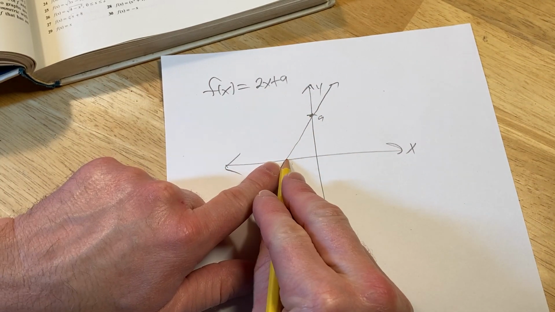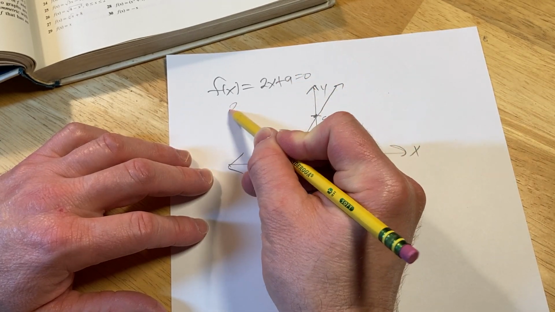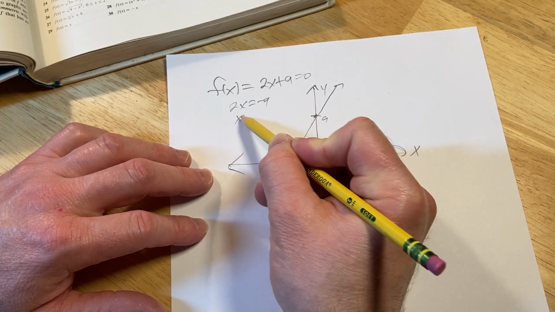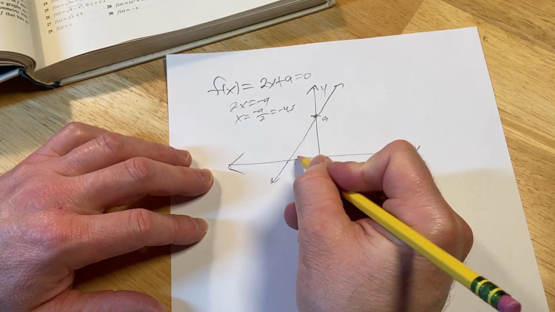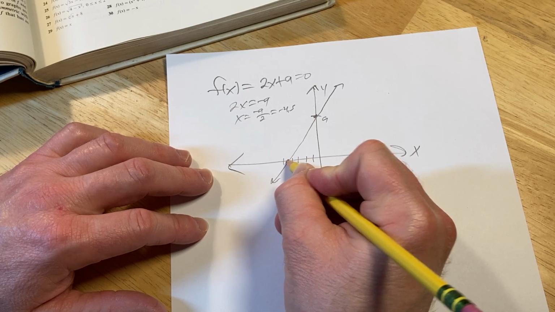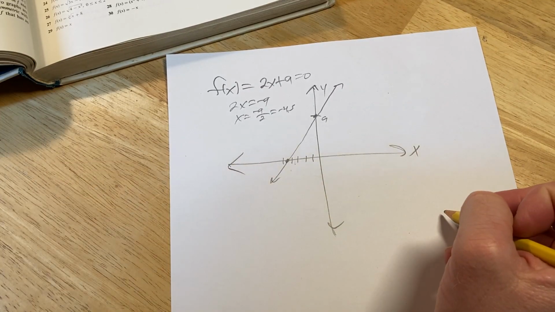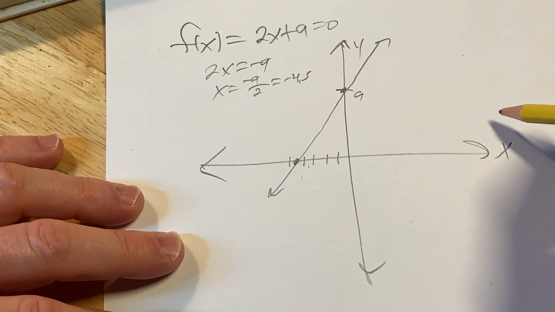I didn't find that. You can find that x-intercept if you want by setting this equal to 0. And then you get 2x equals negative 9, so x equals negative 9 halves, which is negative 4.5. So if this is 1, 2, 3, 4, 5, that would be negative 4.5. That's actually pretty good. Right? That's a rough, not really drawn to scale graph.